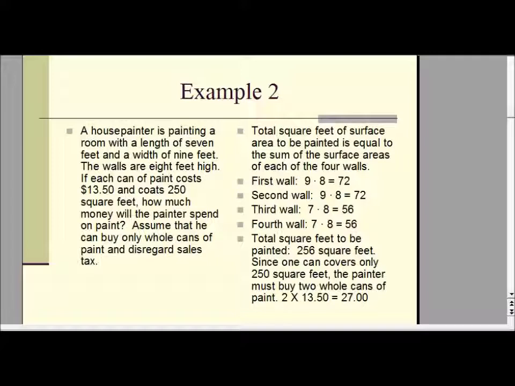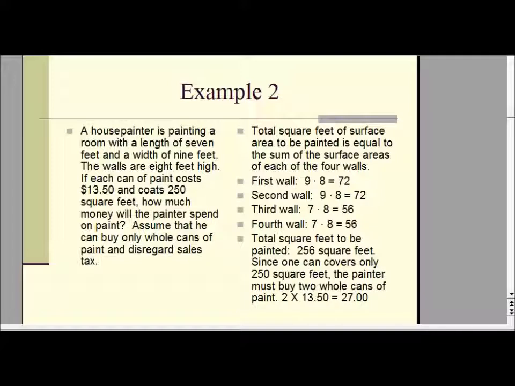The total square feet of surface area to be painted is equal to the sum of the surface areas of each of the 4 walls. The first wall is 9 by 8, which is 72. There's a wall opposite that, which will be the second wall, and it will also be 9 times 8, or 72 square feet. The third wall will be 7 by 8, which is 56 square feet.